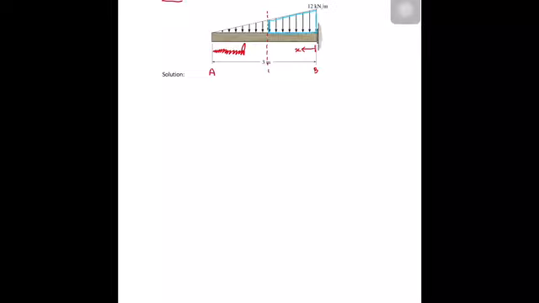If the direction gave you the opposite direction like this, so now you have to cut from B. Still the same segment AB, so the x is between 0 and 3 meter, but now you have to cut from B. Now your shape is a trapezoid.